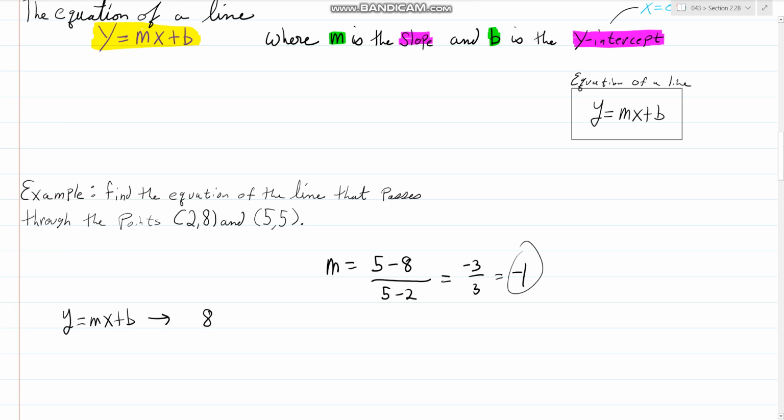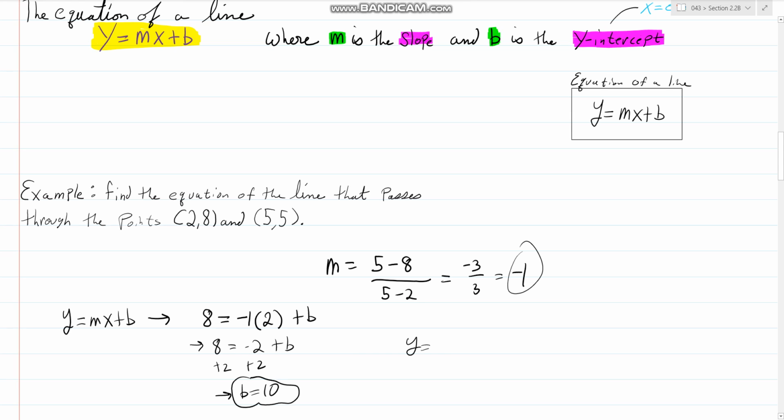So 8 is for y here, and then we just discovered that the slope must be negative 1. The x is 2, and then plus b. And now we can just solve for b. Okay, so I have 8 equals negative 2 plus b. I can add 2 to both sides, and so I get b equals 10.